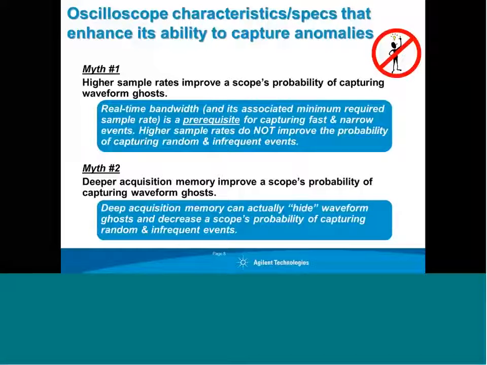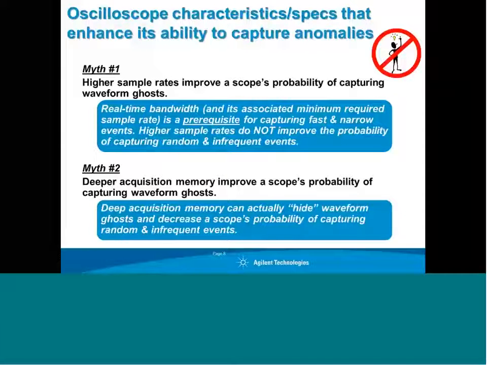It's not true. And in fact, there's a major scope vendor that just released an application note that said exactly that. A higher sample rate will improve the scope's probability of capturing intermittent events, and that's not true. A higher sample rate, or sample rate in general, is very closely related to what we call the real-time bandwidth of the scope.